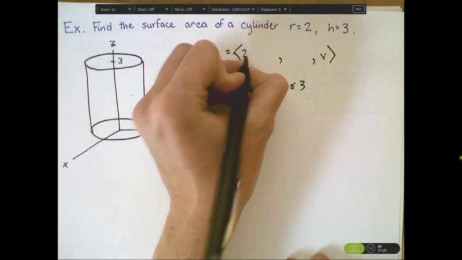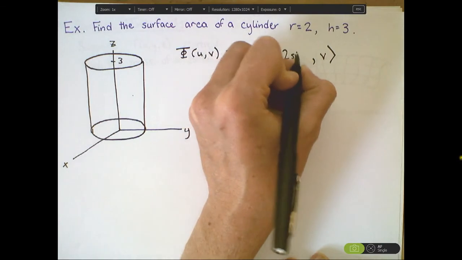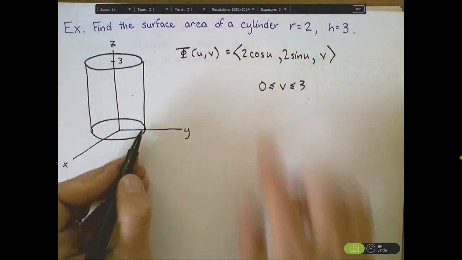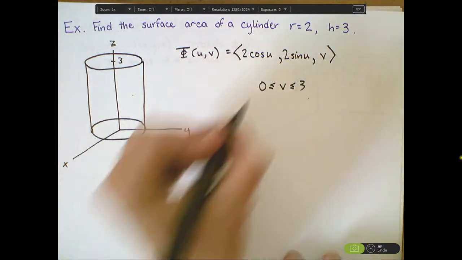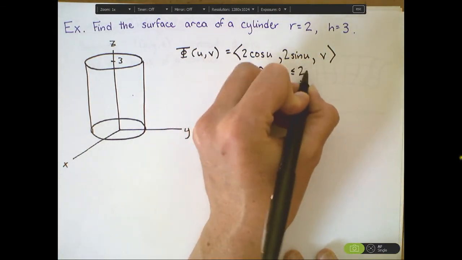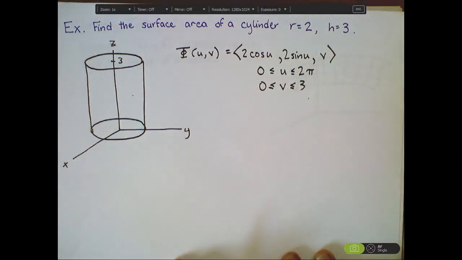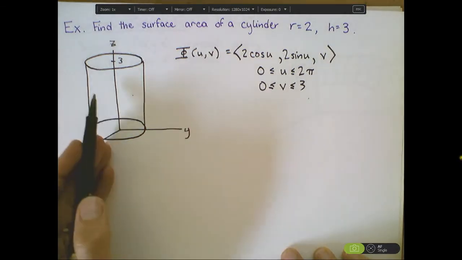So I'm going to look at 2 cosine u, 2 sine u, because I know that that's going to trace out a circle of radius 2, and that means the bounds on u are going to have to go from 0 to 2 pi to make it around in a full circle. So now I've parameterized this surface.